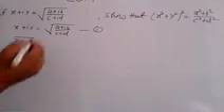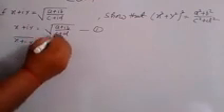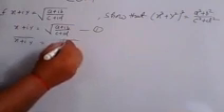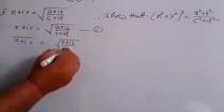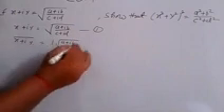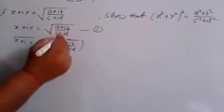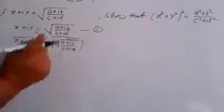Understand? And on the right side, you can write it this way: under root a plus ib upon c plus id, and take the conjugate of the complete number over there.